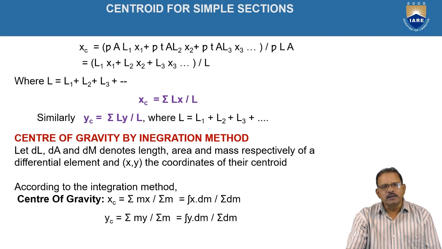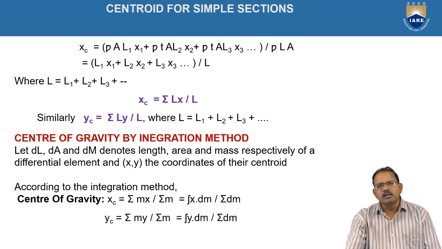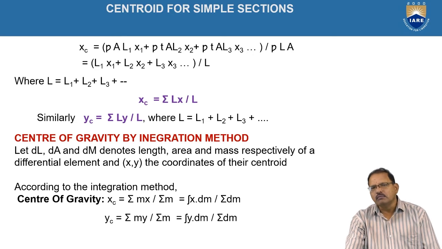Or simply xc is equal to sigma L x divided by L. Similarly, yc is given by sigma L y divided by L, where L stands for the total length of the body.